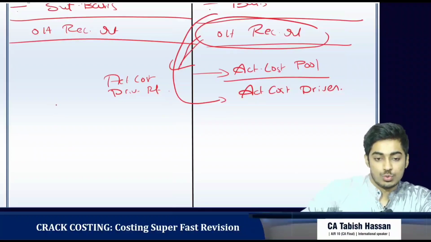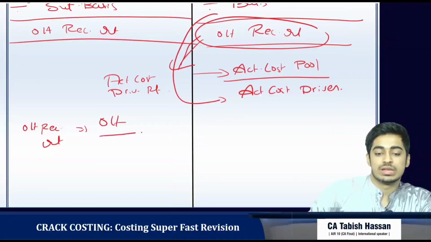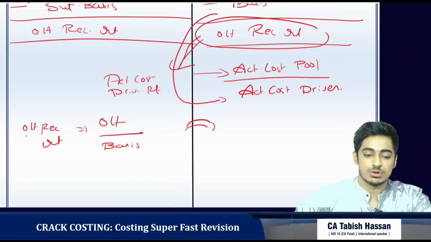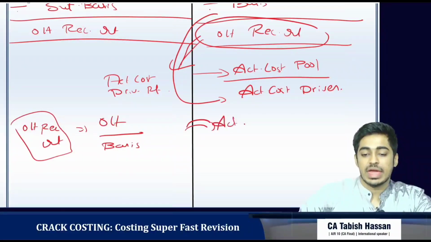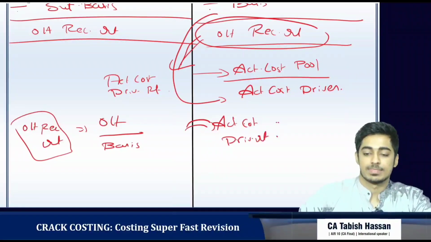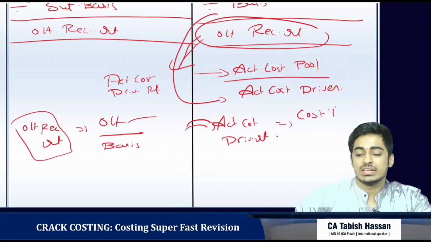So what's the general formula? Overhead recovery rate is equal to overhead divided by basis. So what do we call them in activity based costing? Overhead recovery rate is called by the term activity cost driver rate, and overheads we call by the name activity cost pool.